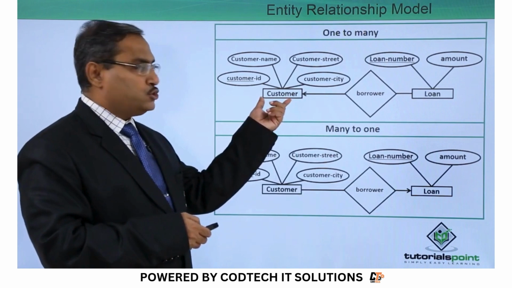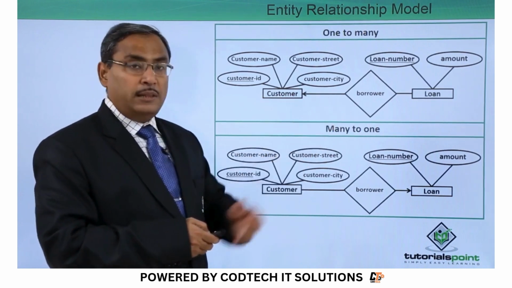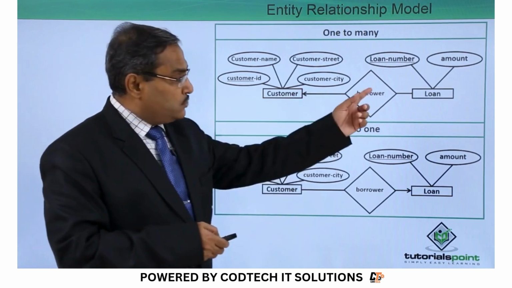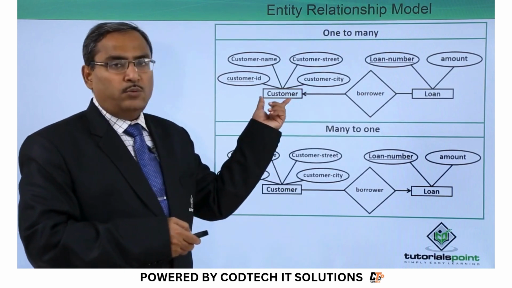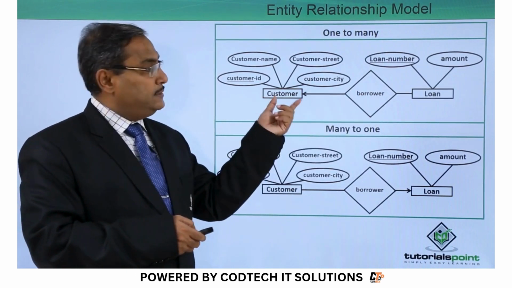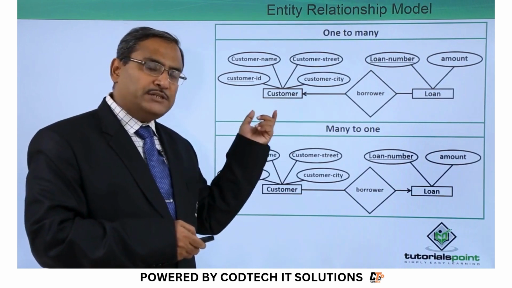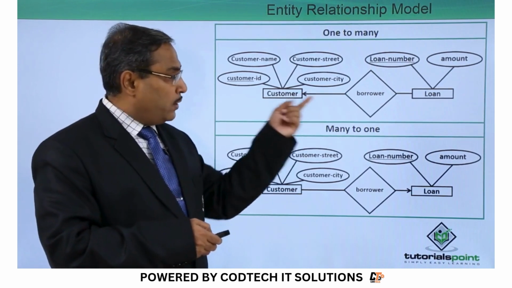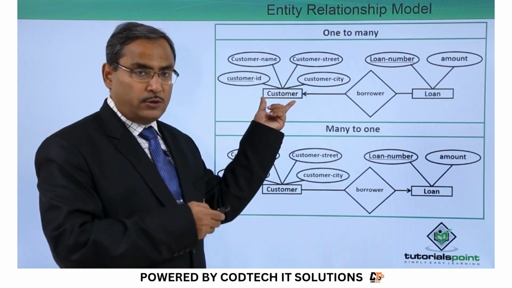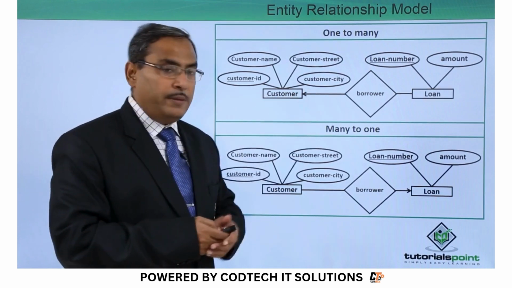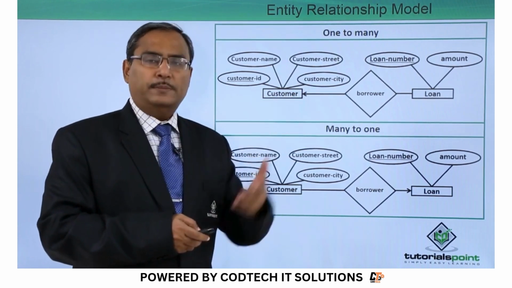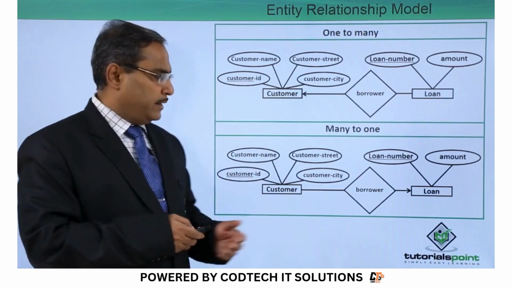That means one customer can have multiple loans, and against one loan there is only one customer connected. So this bank can provide multiple parallel personal loans, because against one loan there will be one customer, while against one customer there will be multiple loan numbers.